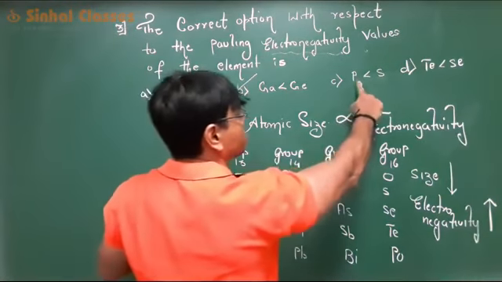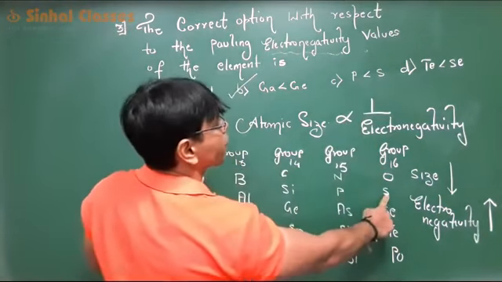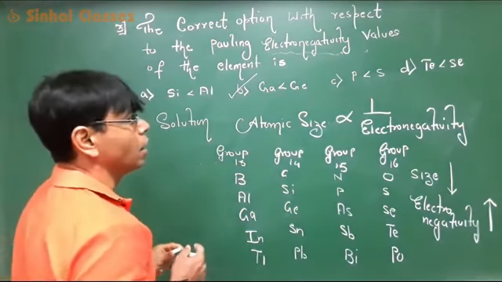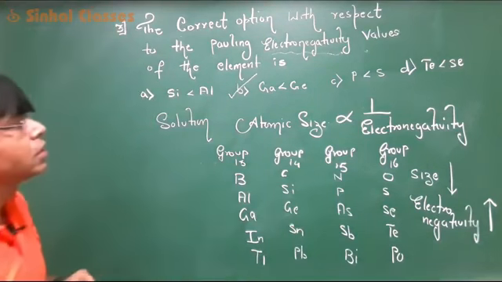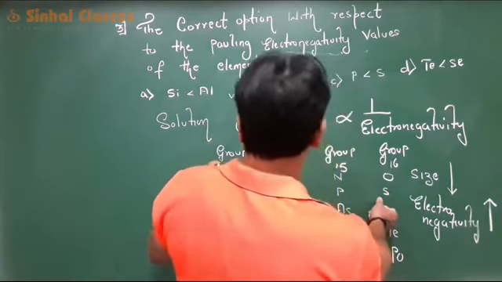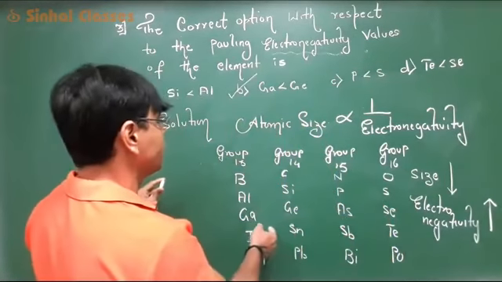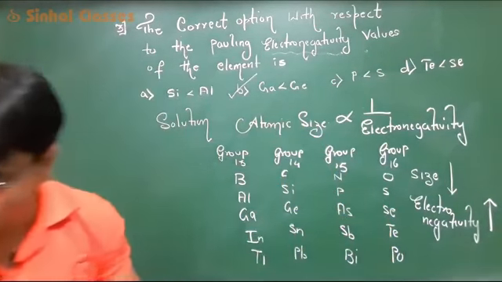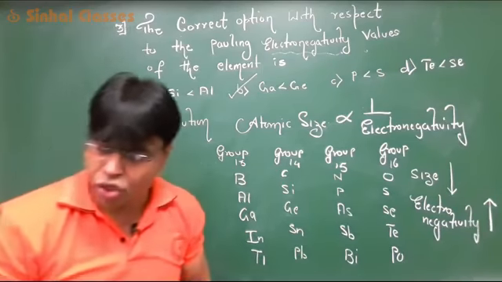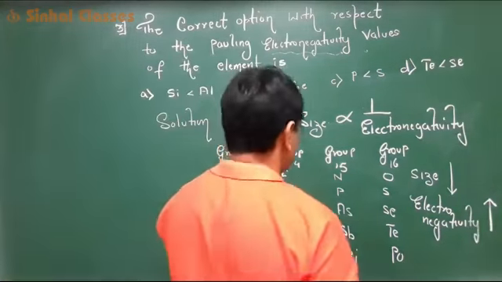If you see the other option, sulfur and phosphorus, in this case the electronegativity sign should be reversed.